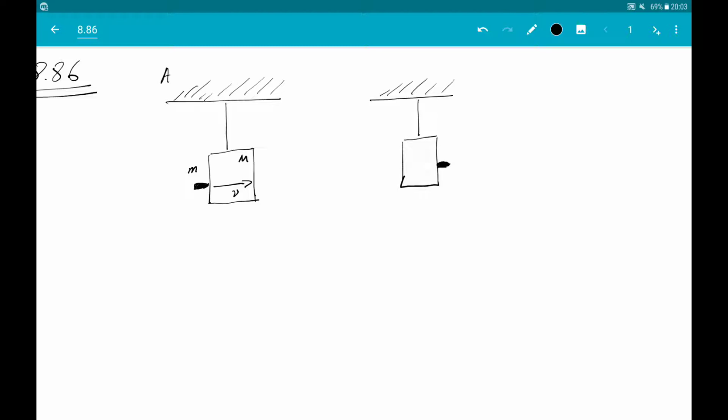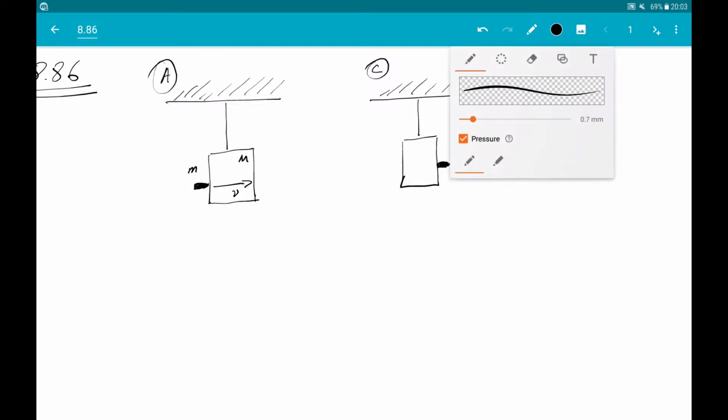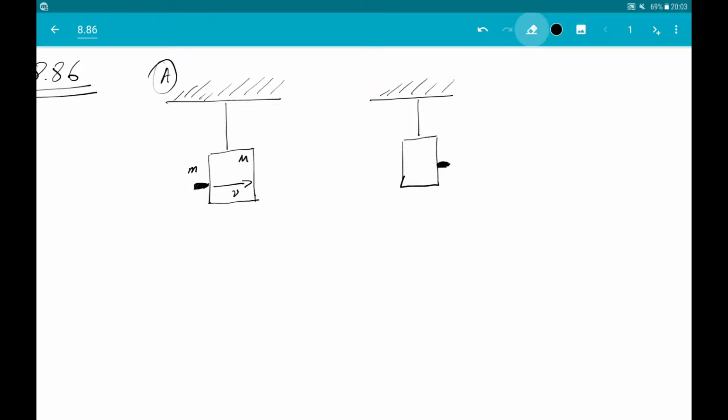This will be state A. And this, I'm going to call this state C, because I am anticipating, no, you know what? I'll just make it state B.